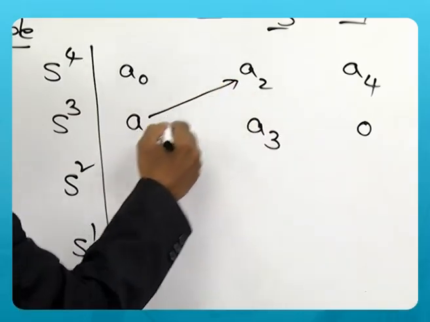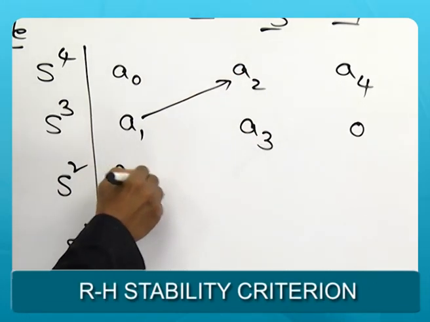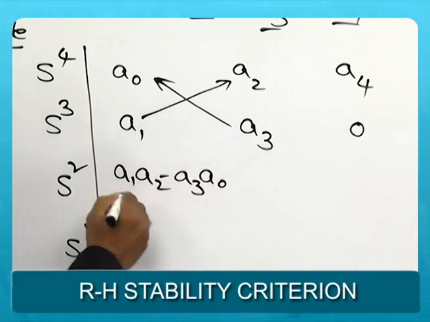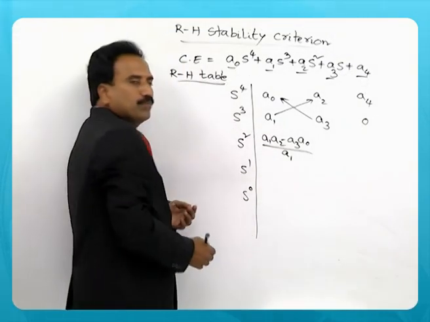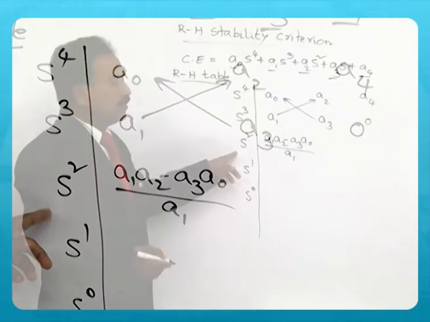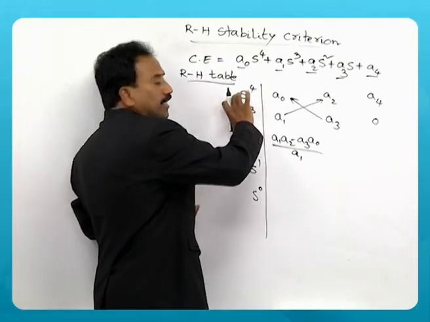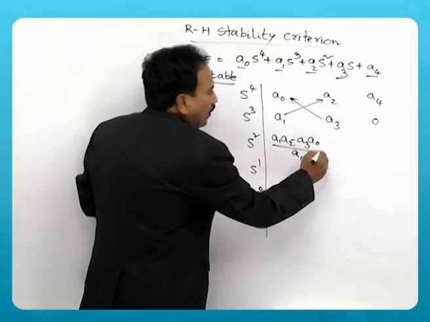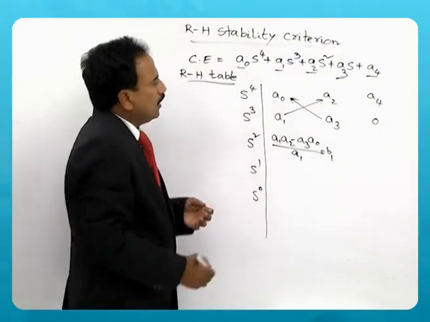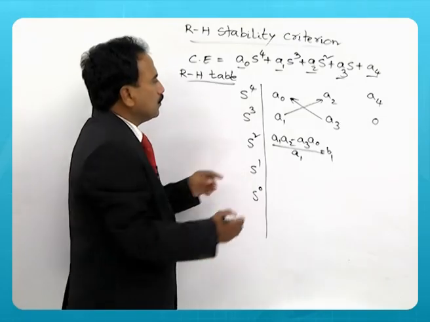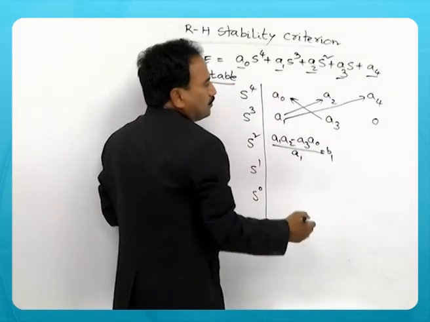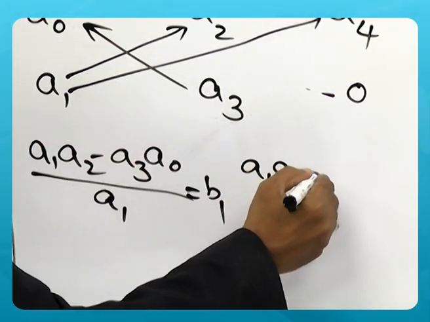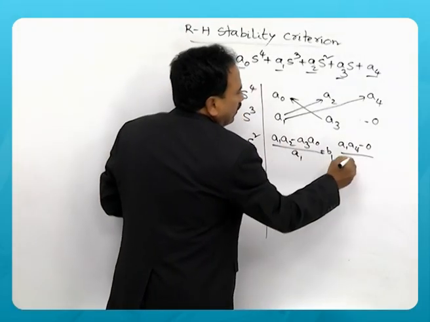The first element is (A1 A2 minus A3 A0) by A1, calculated from the characteristic equation coefficients. Call this B1. The second element is (A1 A4 minus 0) by A1.